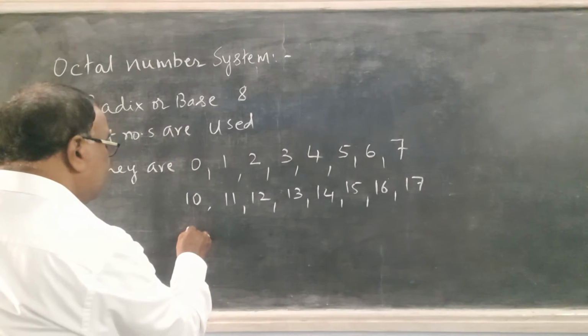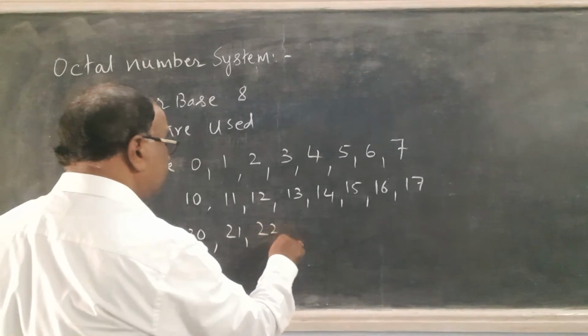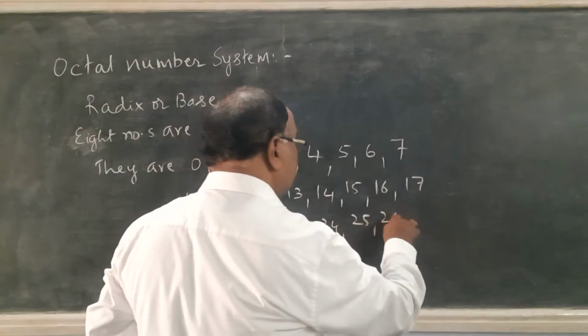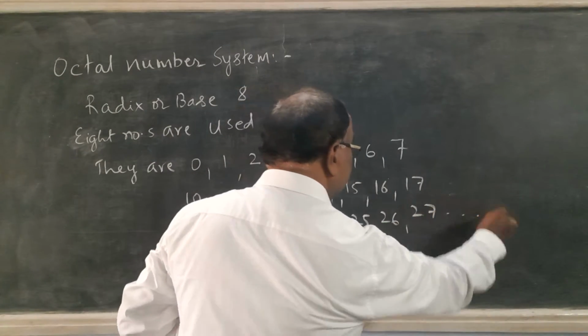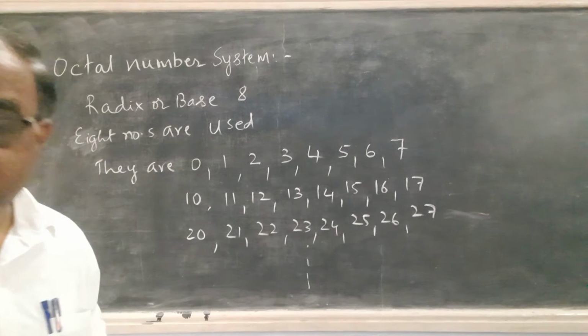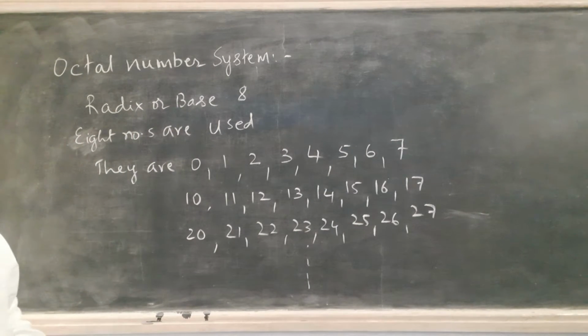Similarly, 20, 21, 22, 23, 24, 25, 26, 27. Like this you can continue. This is how we can count the higher numbers.